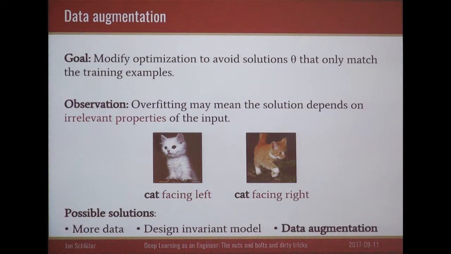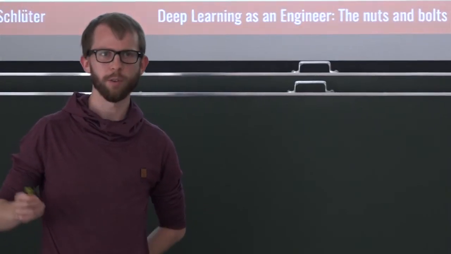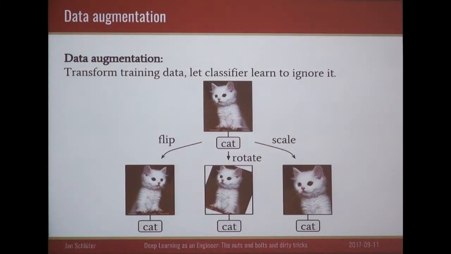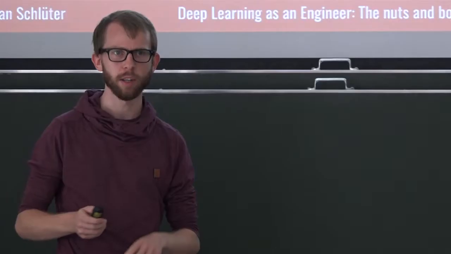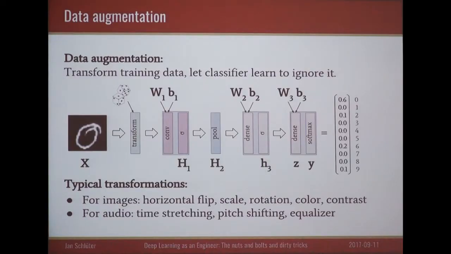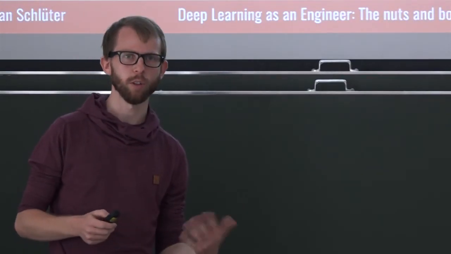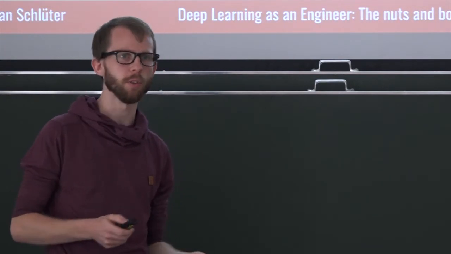And another way is to use data augmentation. So we transform the data in ways that we know are irrelevant and hope that the classifier will learn to ignore these transformations. So basically we are introducing some stochastic transformation in the beginning of the network, which for images could include horizontal flipping or scaling or changing the rotation or the colors, but it all depends not only on the domain but also on the task.